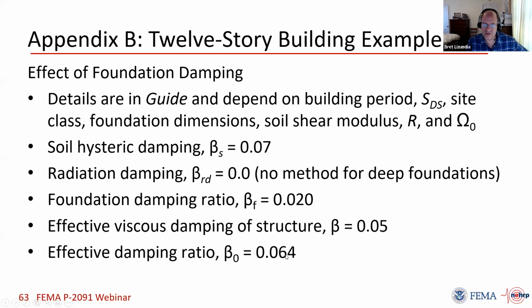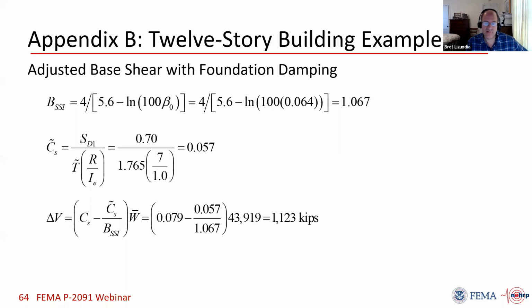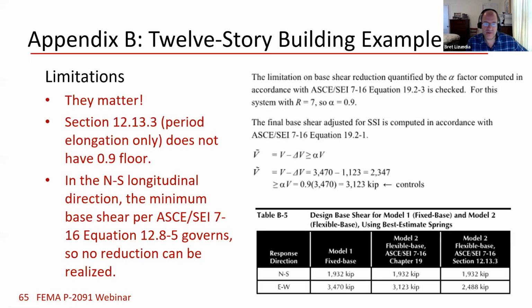We're only going to increase that to 0.064. So this is less significant for foundation damping than it was for the two-story building. So when we plug it into those values, you can see the difference is not all that dramatic in the final value.